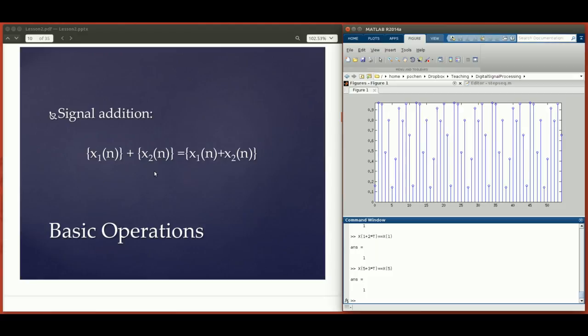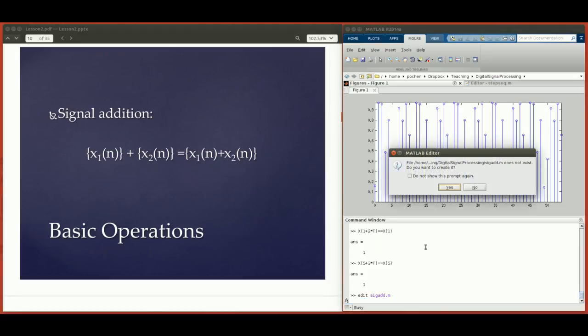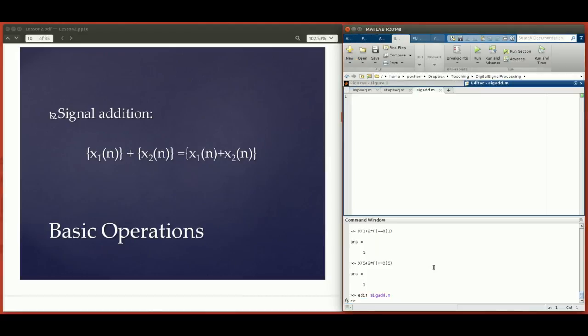Let's call our function sig_add. And again, it's going to be a function, and it's going to give 2 outputs. y is going to be the amplitude of the added sequence, and n is going to be the horizontal axis of the added sequence, equal to sig_add.